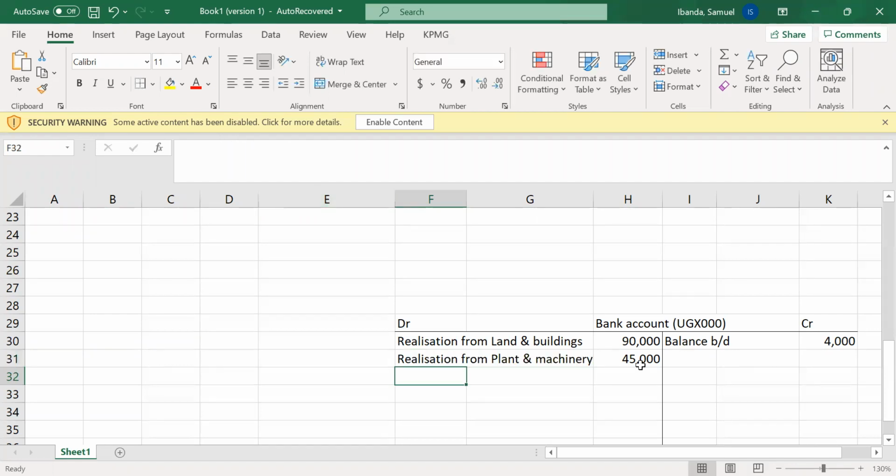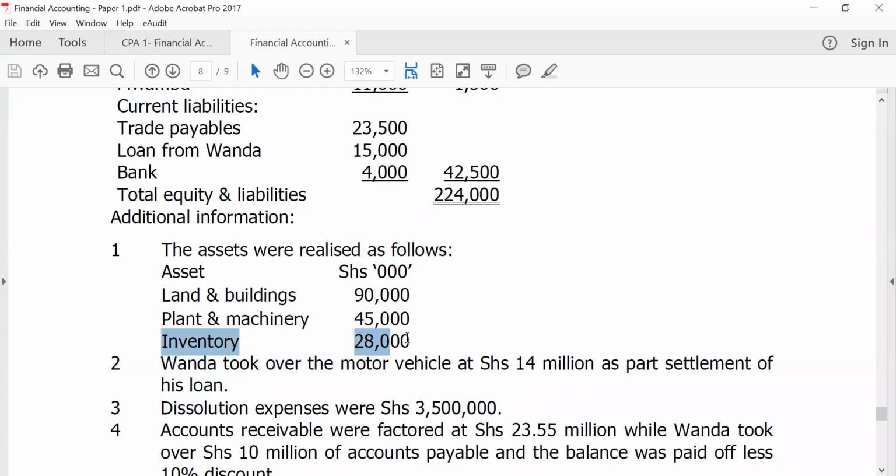Plant and machinery, we have that 45. And then we have inventory.